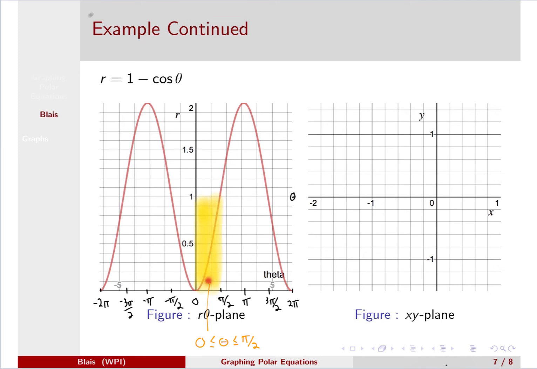So that's just reading this plot. But what does it mean to increase theta from 0 to pi over 2 over here? Well, it means we sweep out this range here for theta, the first quadrant.